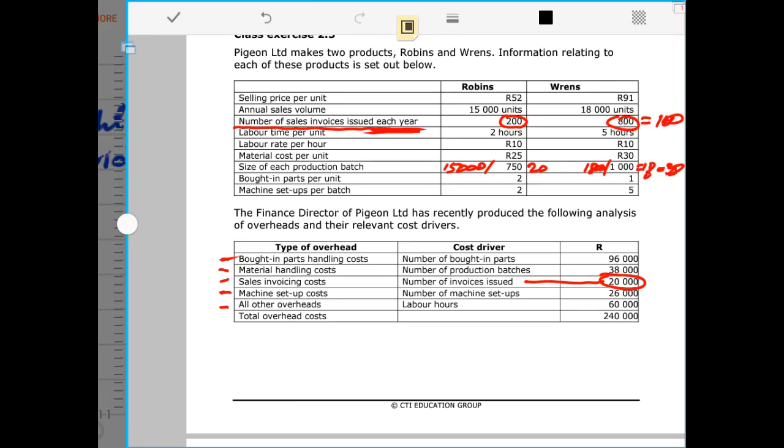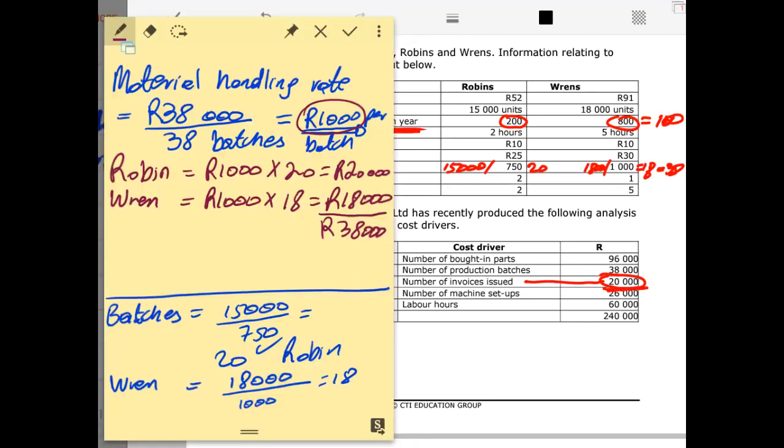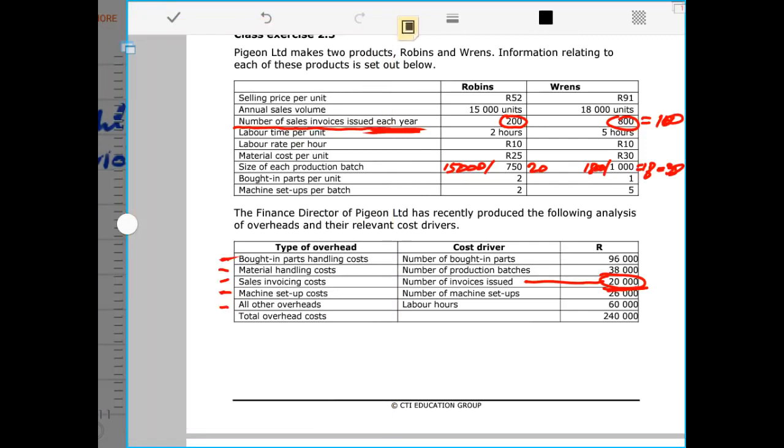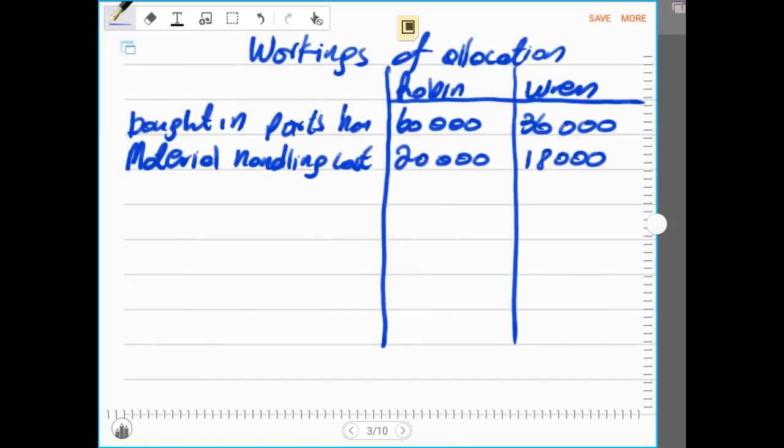And here we have 800 plus 200, and this gave us 1000. So now it means when we allocate this 20,000, we have to divide by the total of the base, which is 1000, and that is sales invoicing cost. Sales invoicing cost is the next overhead.